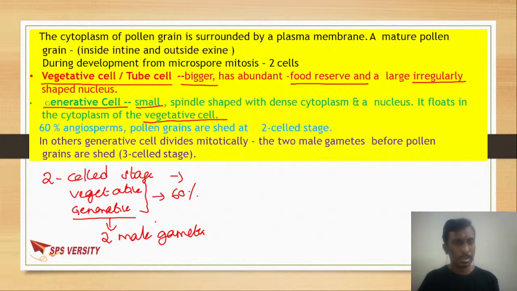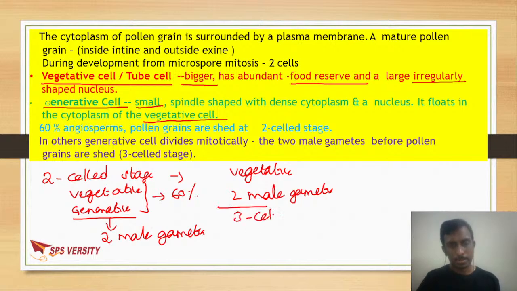That means in the remaining plants, in a pollen grain there is one vegetative cell and two male gametes. That means how many cells in total here? 3 cells. So it is the 3 cell stage.